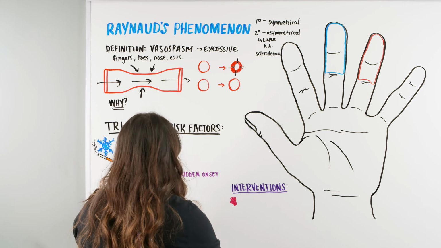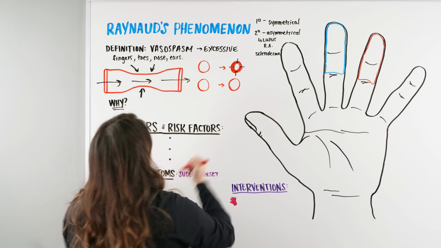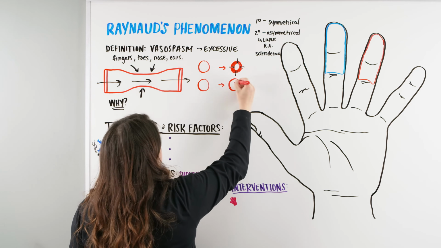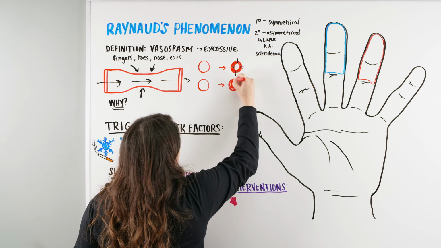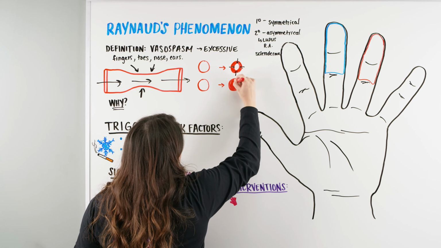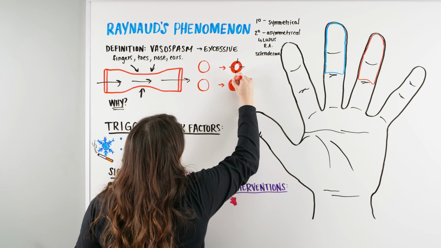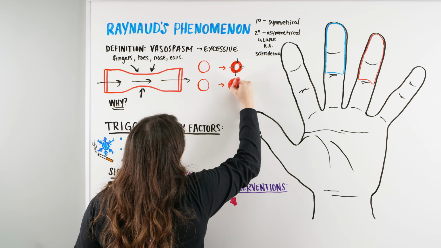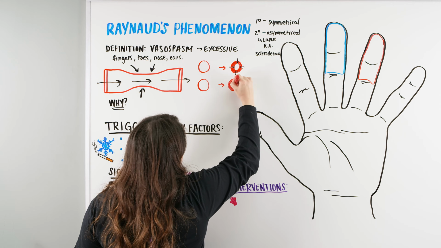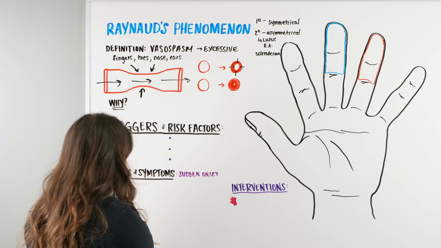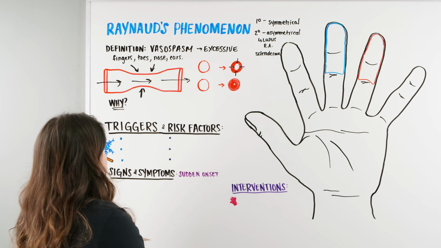But what happens in Raynaud's is an excessive vasospasm, or constriction, that is so strong that it almost takes away all blood flow. It decreases it so much. And why does this occur in our body?